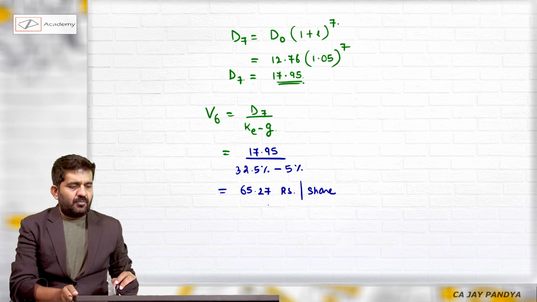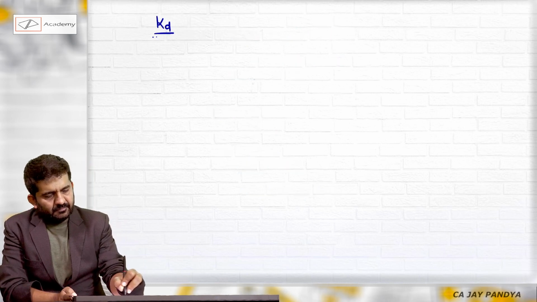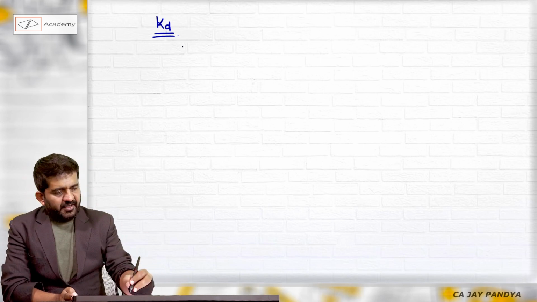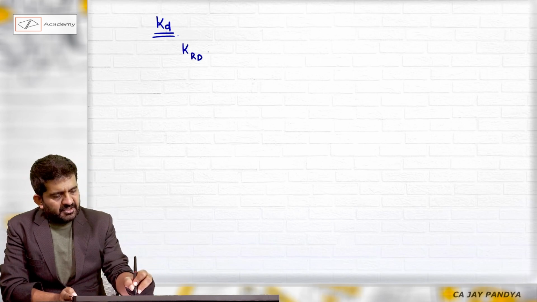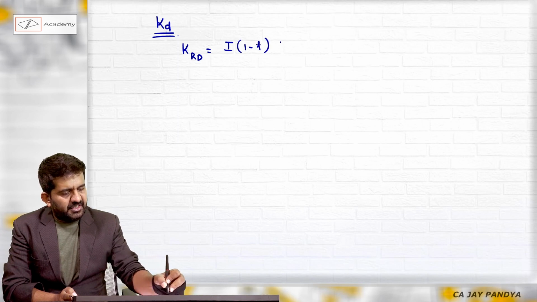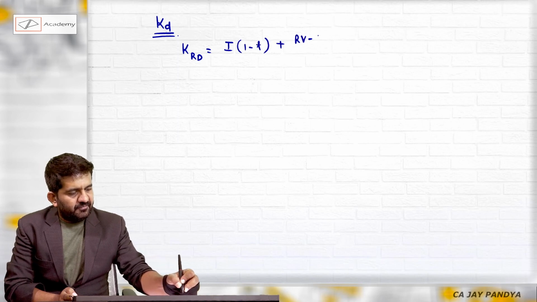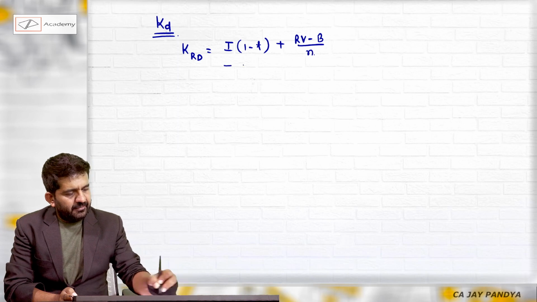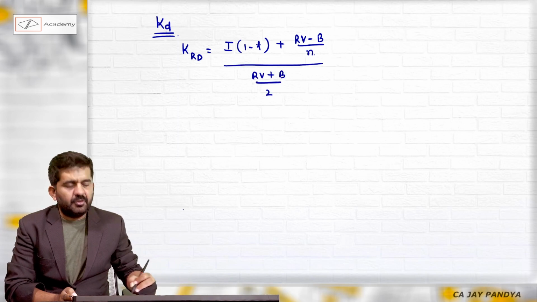Now I am going to find out cost of debentures. How to find out cost of redeemable debentures? It is I into 1 minus T plus RV minus B upon N, upon RV plus B upon 2.